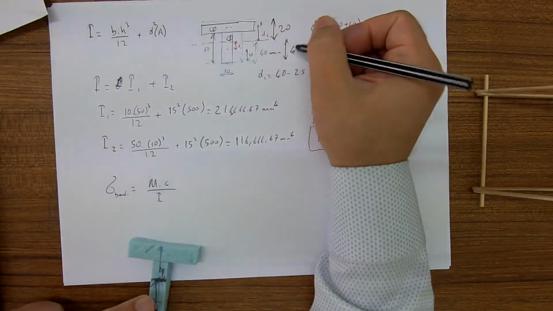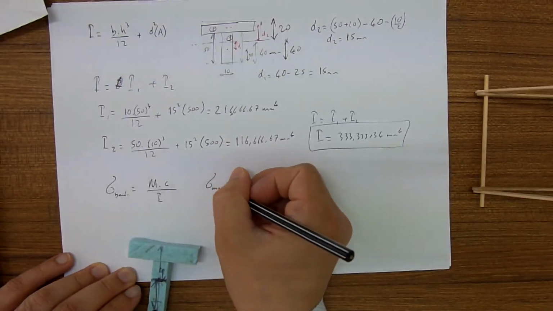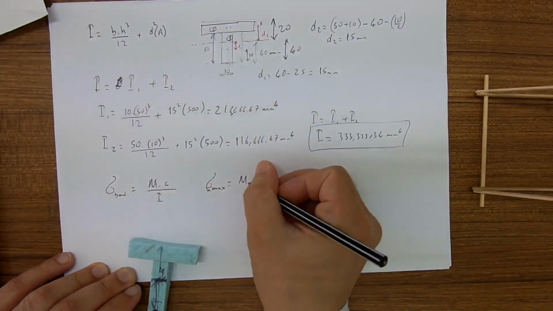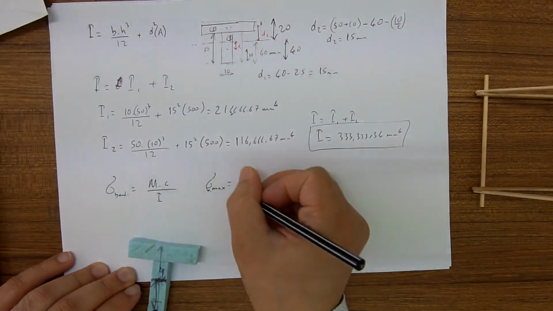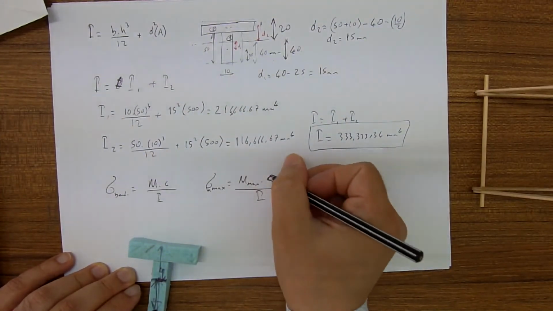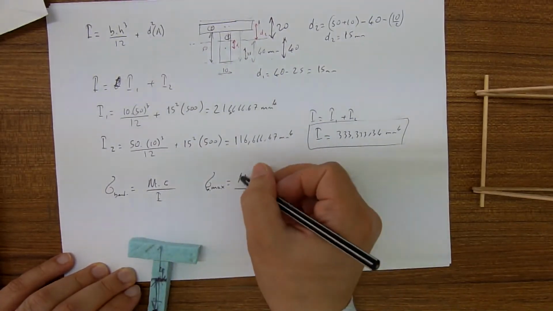Therefore the largest c I can give is 40. So sigma bending max will be M max times c max divided by I. This is small letter c, it's not capital letter.